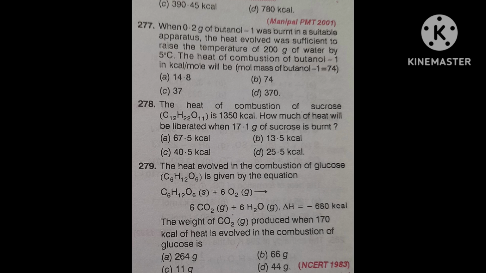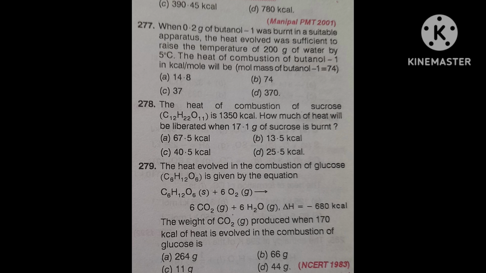The mass of water is given, 200 gram, by 5 degrees, which means temperature raised, delta T. The formula you know: M into S into delta T, where delta T is the temperature raised, 5 degrees.